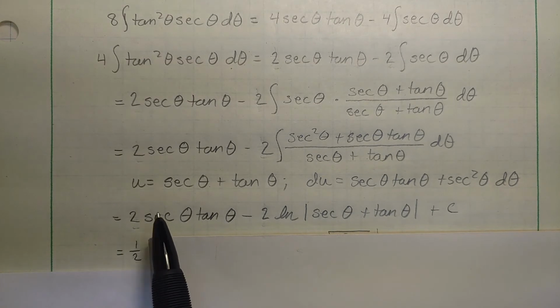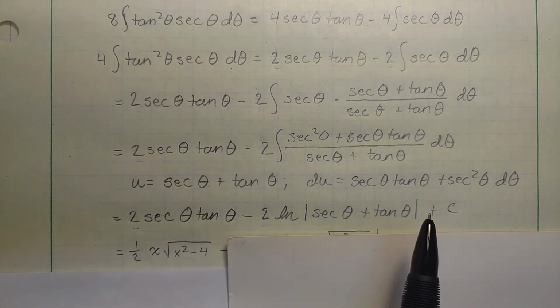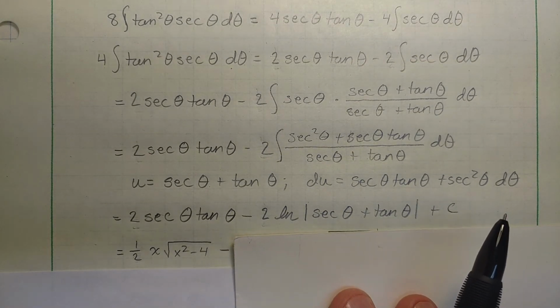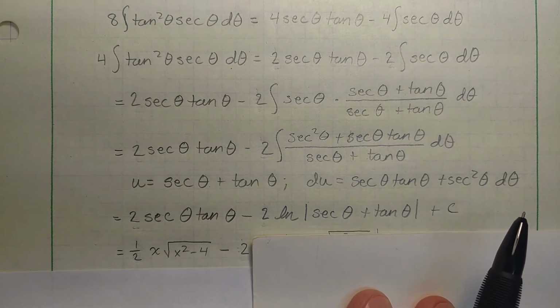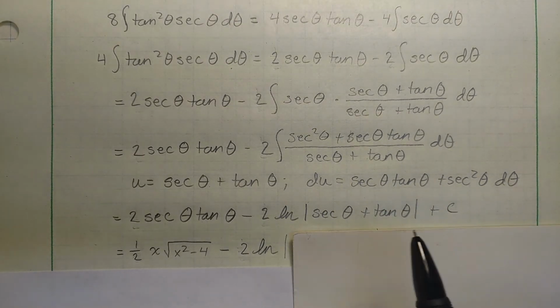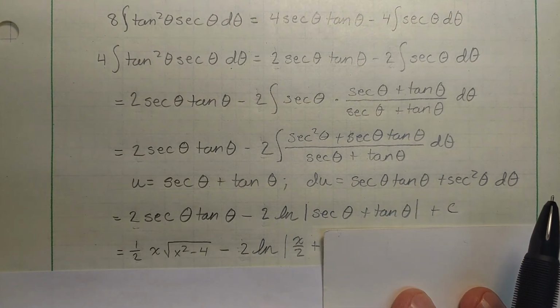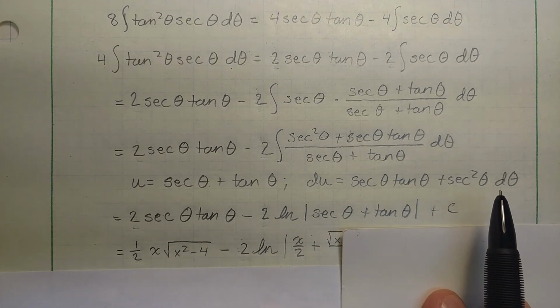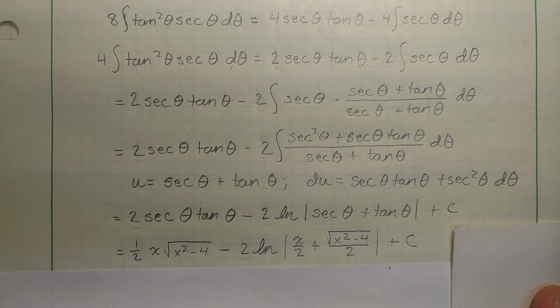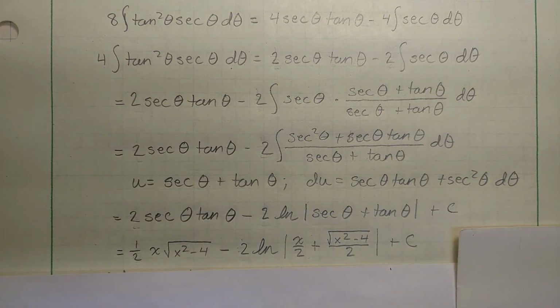And then notice my numerators were x and the square root of x squared minus 4 right here. And then minus 2 times the natural log, and in for secant, remember, goes x over 2, plus, and in for tangent goes the square root of x squared minus 4 all over 2, plus c. So I have now got my answer.